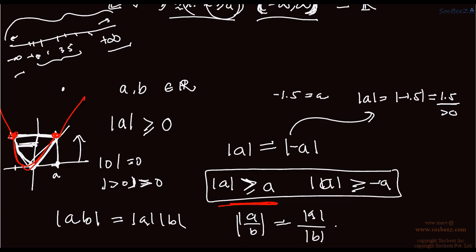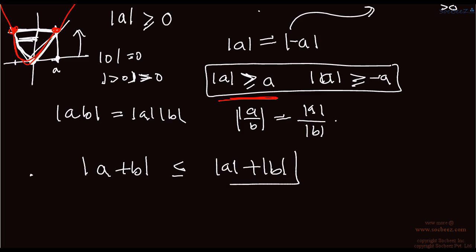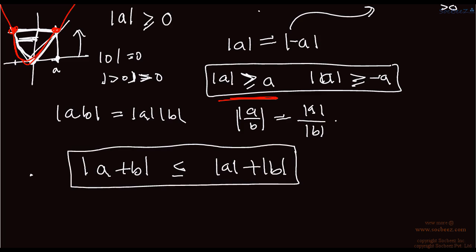Now the two most important properties which we'll be dealing with. Mod of a plus b is less than or equal to mod a plus mod b. This is also called the triangle property, that the sum of two sides is always greater than the third side.